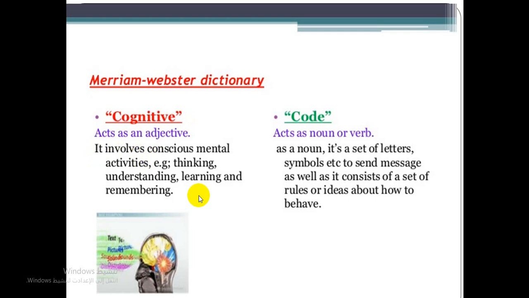It involves conscious mental activities, for example, thinking, understanding, learning, and remembering. Code acts as a noun or a verb. Code as a noun is a set of letters, symbols, etc. to send a message, as well as a set of rules or ideas about how to behave.